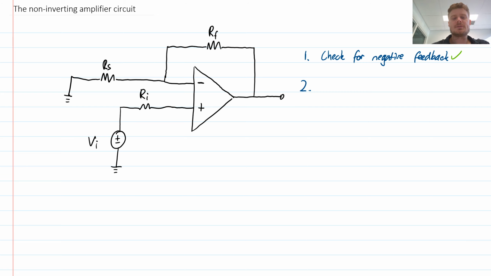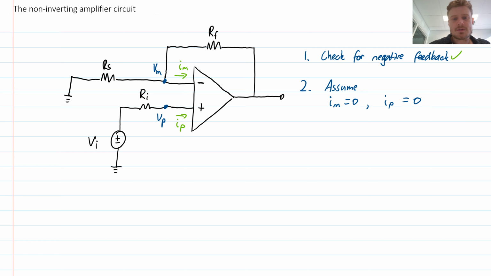So then step 2 is going to assume that the current that flows into these terminals, so let's call that IM and IP for the minus and plus terminals, we assume that those currents are equal to 0, so IM is equal to 0, and also IP is equal to 0. And we further assume that the voltage at these terminals is equal. So I'm going to label a voltage here. Let's call this one VP for voltage at the positive terminal, and VM for voltage at the minus terminal.